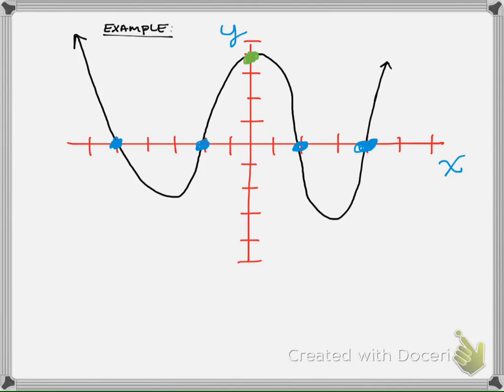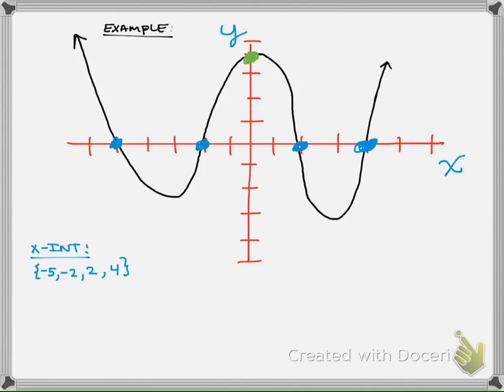So writing that down, we're saying that the x-intercepts are -5, sorry about that, -2, +2, and +4.